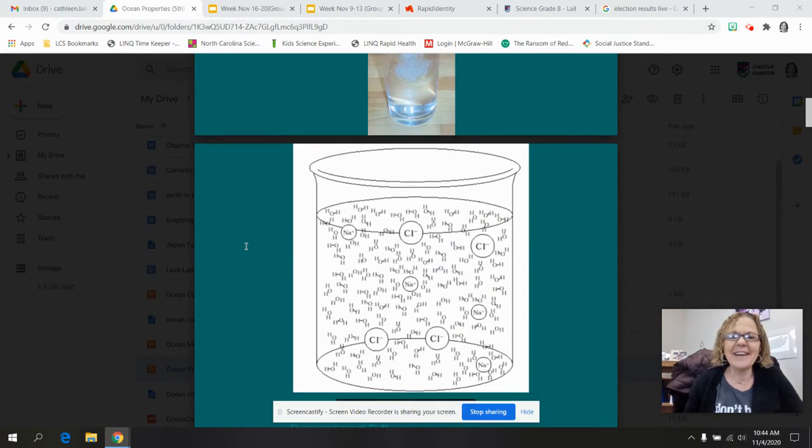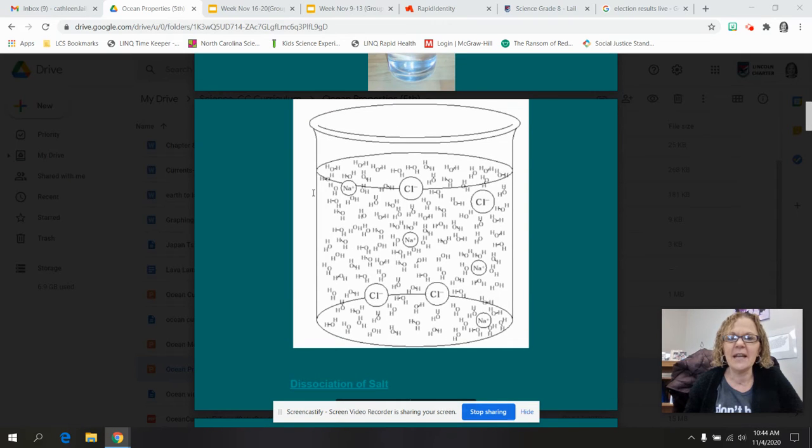Now take a look at this animated picture of a glass of salt water. As you learned in the last unit, water, H2O, is the universal solvent, simply because water can dissolve most substances, like salt. So when you pour some salt crystals into a glass and add water, the water goes to work and dissolves that salt.